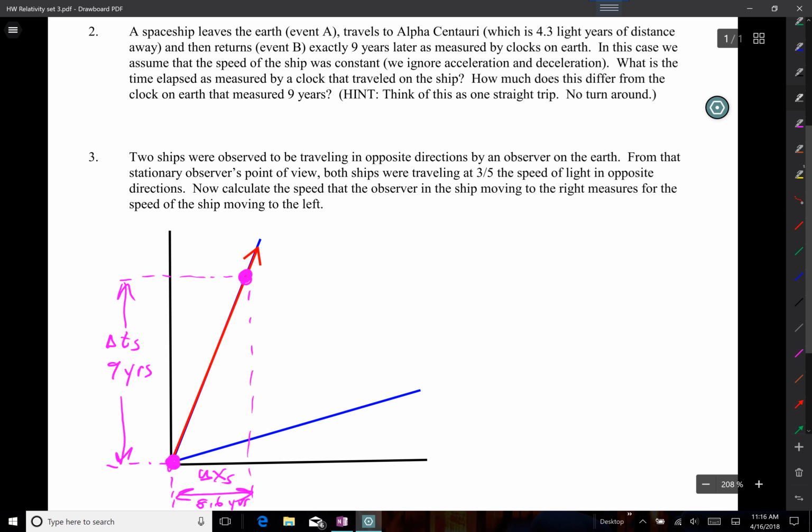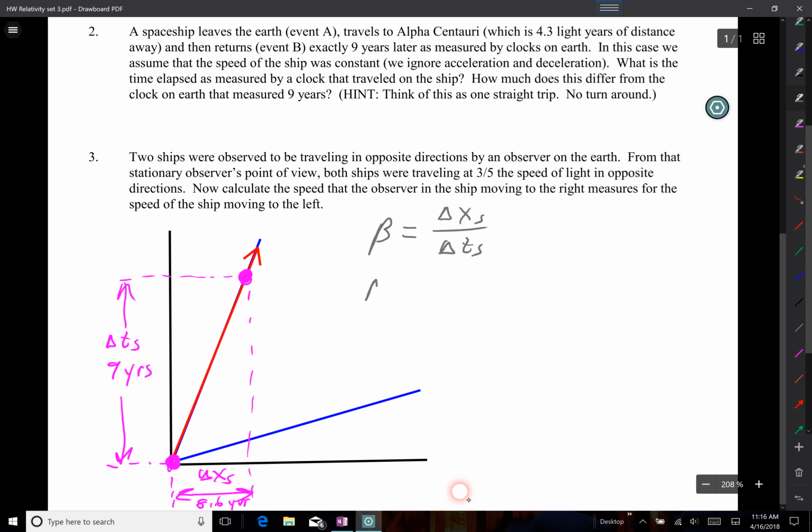So the velocity beta is the velocity. That's the inverse of the slope. And the slope is rise over run, right? So the beta is going to be delta XS over delta TS. You should be able to figure that out.